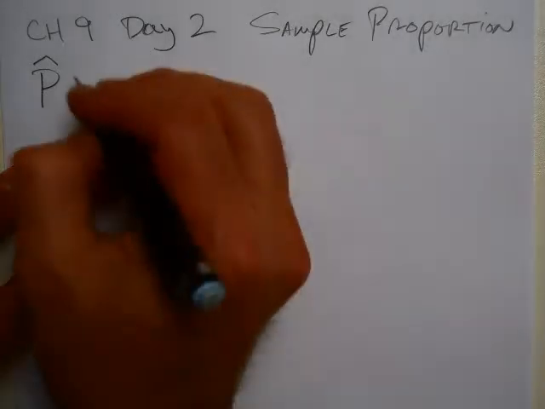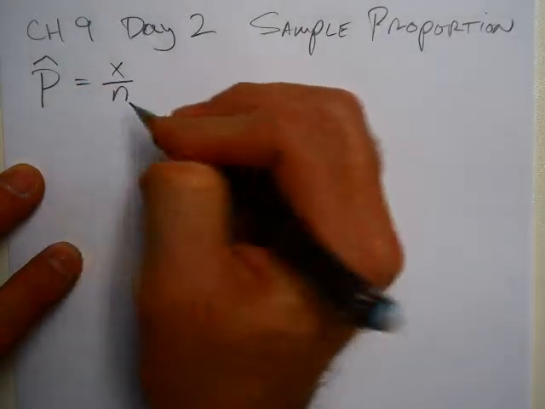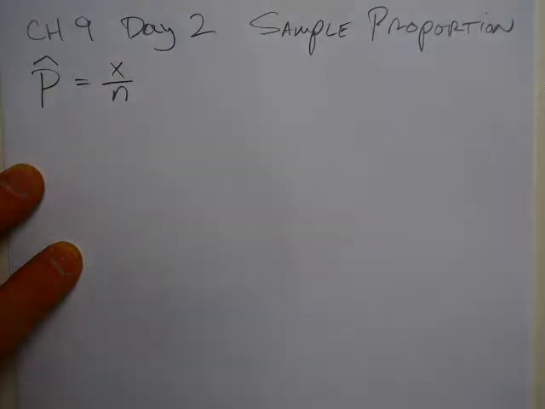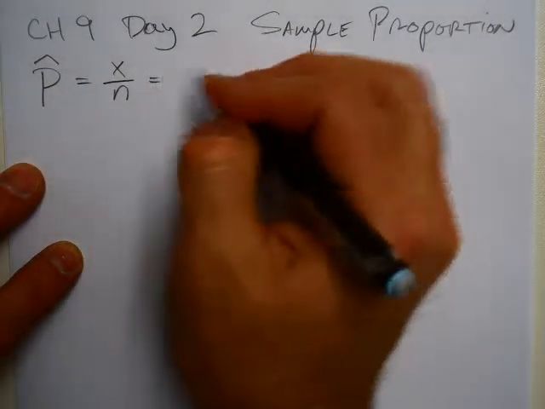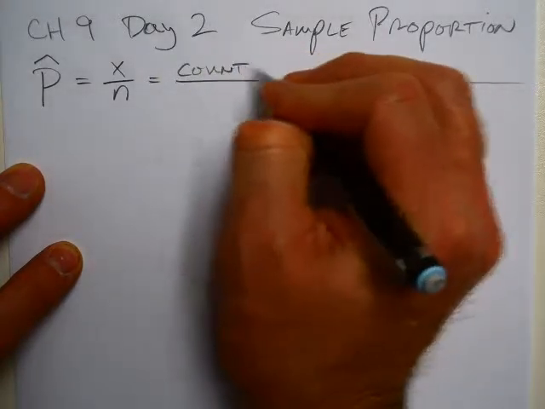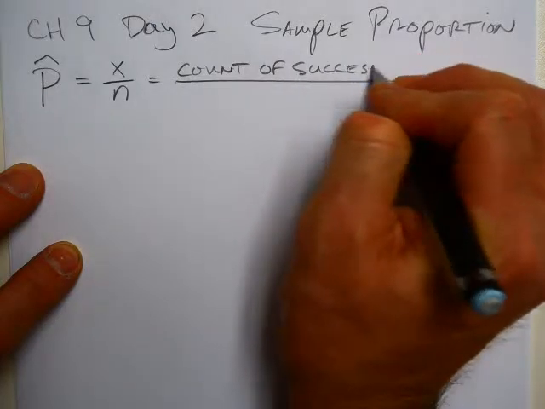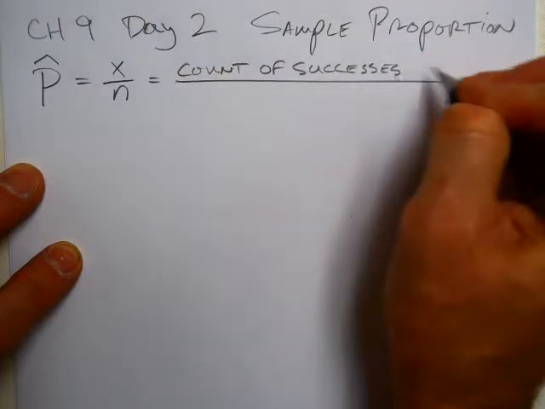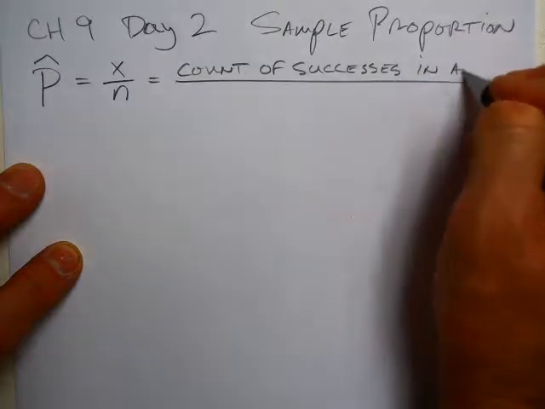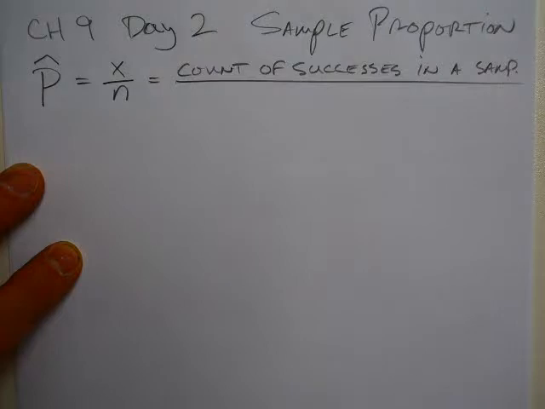P hat. I'll define P hat in just a second. Well, in fact, this is the definition, but we'll make it a little easier. It is x over n, excuse me, which is the count of successes in a sample divided by the sample size.